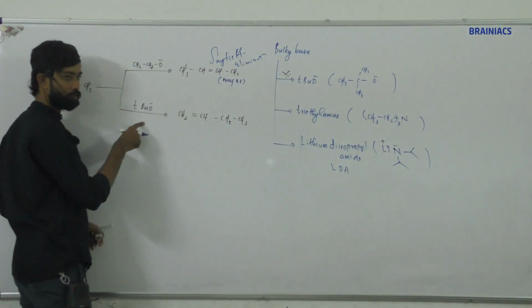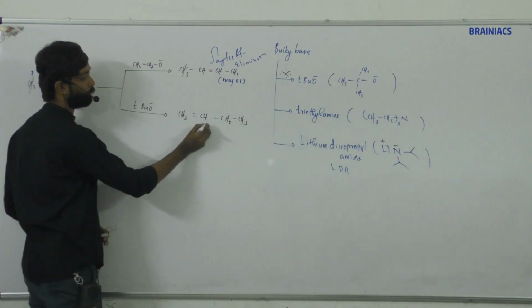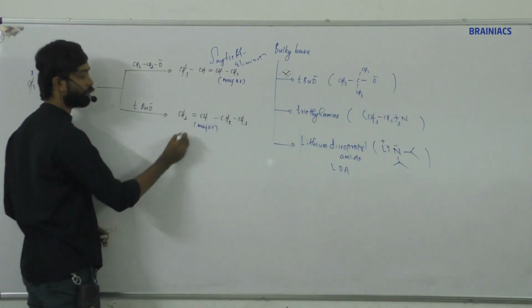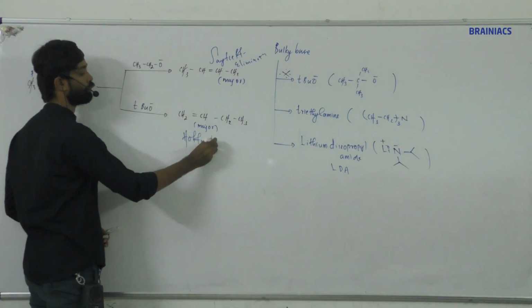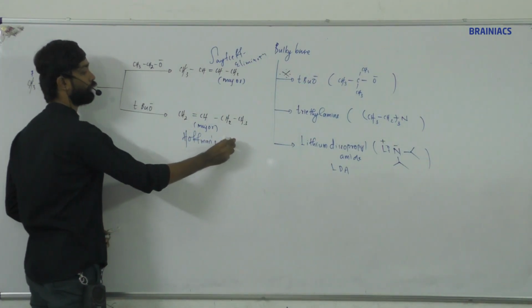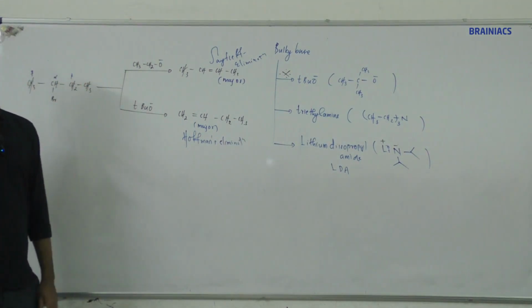But if it is in presence of a bulky base, your major product will be 1-butene, and this is said to be Hoffman's elimination. Okay, I think you know the mechanism.